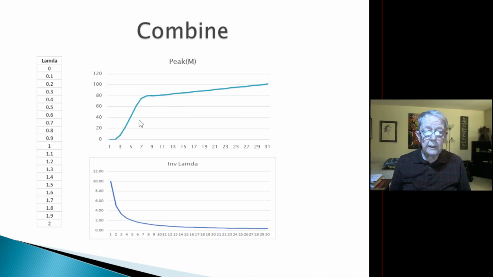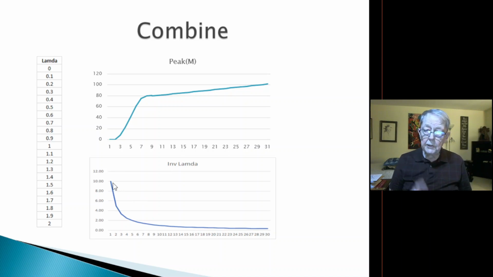So these are two curves. This is the same one I just showed you. This is lambda, the wavelength. I didn't go to 3, but this does. It goes from 1 to 0 to 3. But this is inverse lambda, because in the equation I'm taking the peak and dividing it by lambda, which is the same as multiplying it by the inverse lambda.